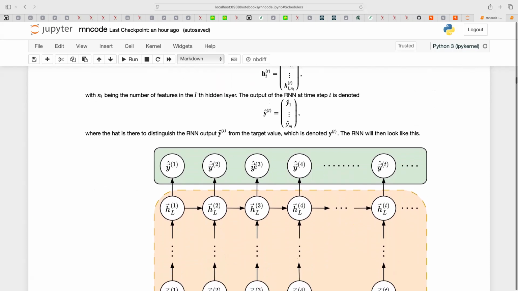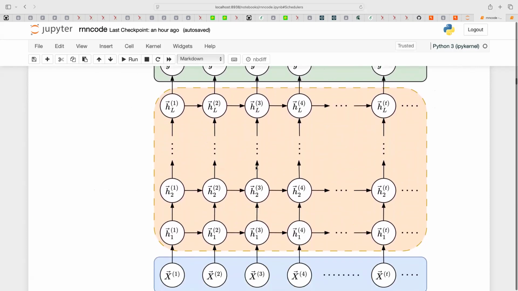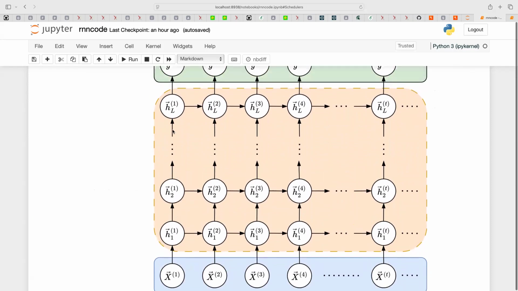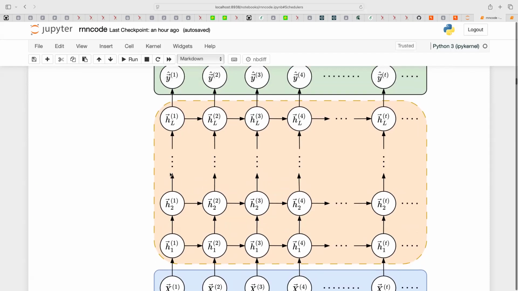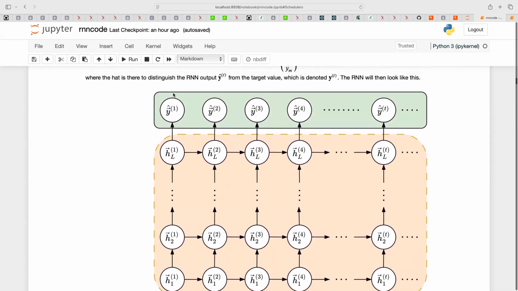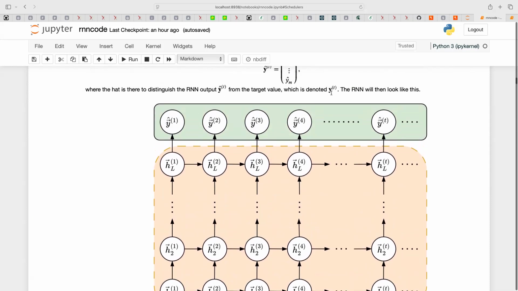So if you look at the graph here, you will have something like this. You have these inputs, and then you have the different hidden nodes up to a given layer, L, at time step 1, time step 2, and so on. These different nodes can then be connected. And then we have the output, and this output is compared with a target value y at a given time step.